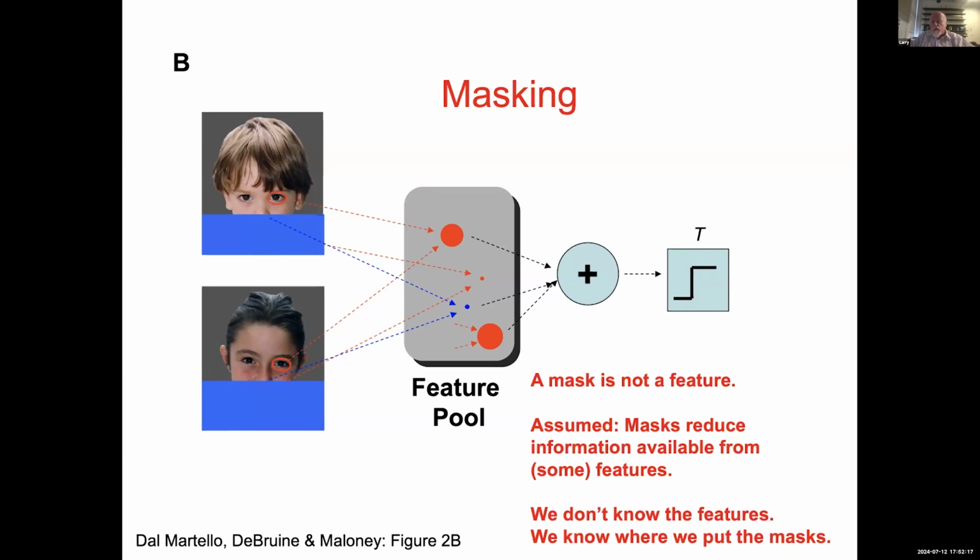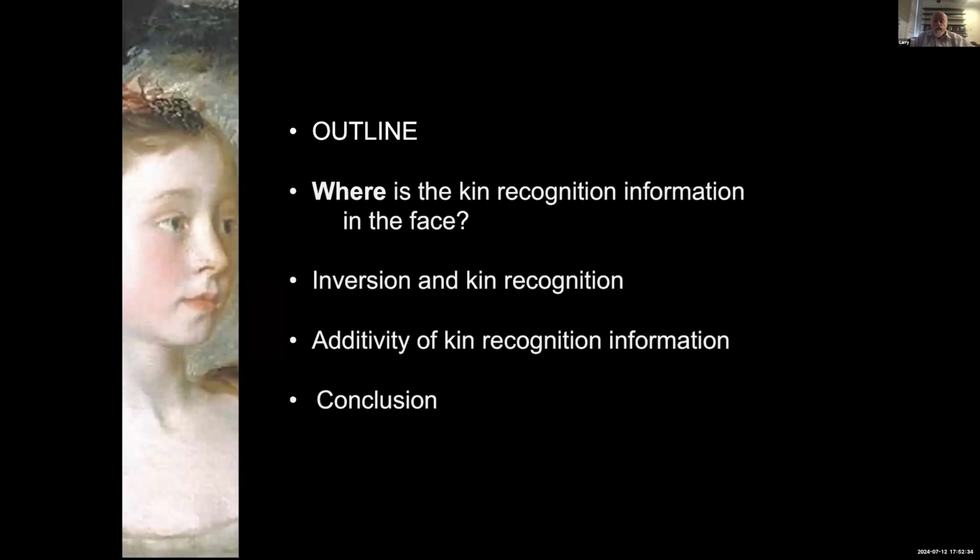So what we're looking for methodologically is some way to manipulate images experimentally that will let us deduce things about features that are available in the face and how those features carry information about kinship. So basically, I'll talk a little bit about some results over the last almost 20 years concerning the features of kinship.